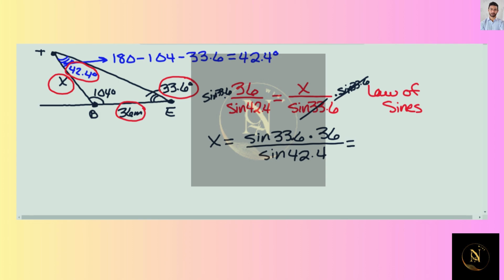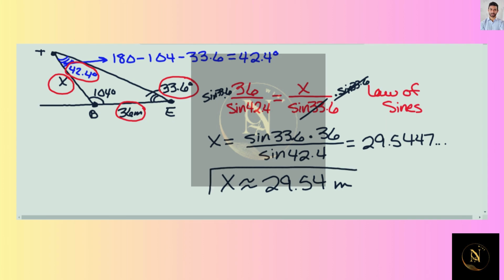And when I enter that on my calculator, I get 29.5447. It goes on and on, but I can round that to the nearest hundredth. It's going to be 2 decimal places to approximately 29.54 meters. So the height of the pole is approximately 29.54 meters. And there you go.